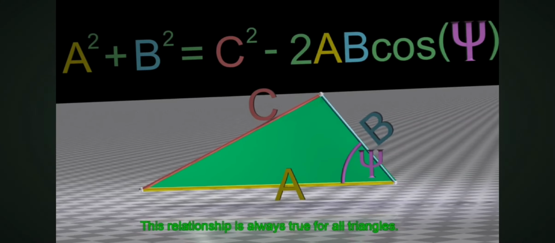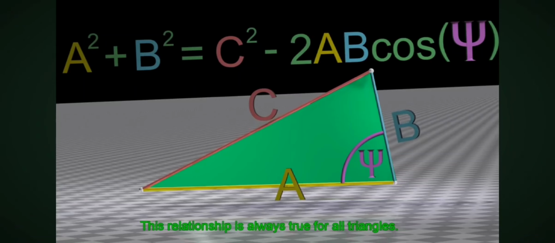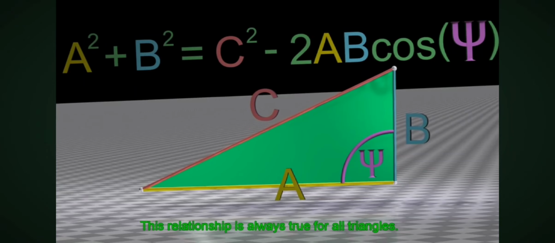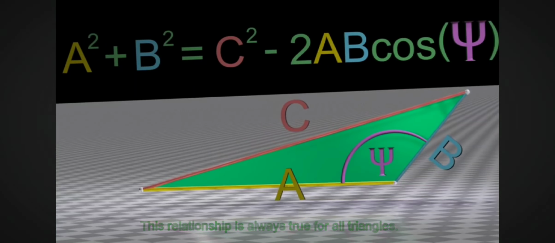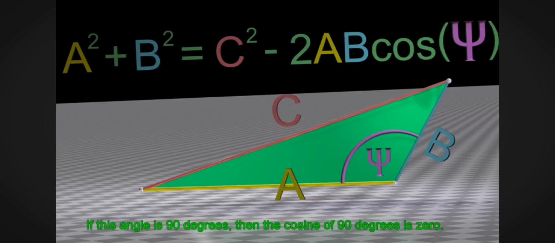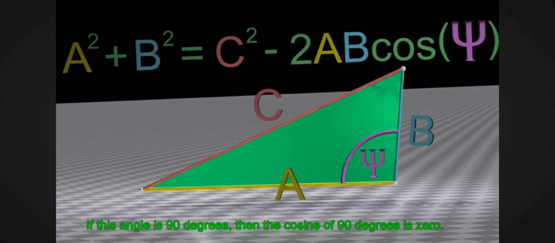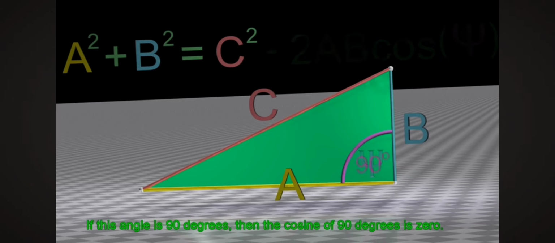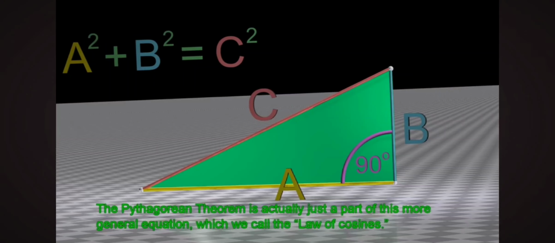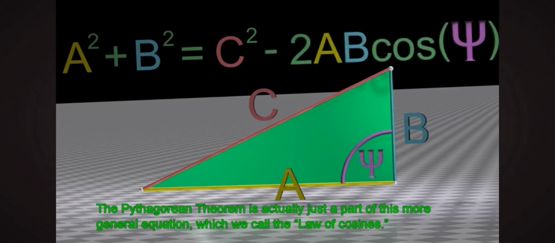This relationship is always true for all triangles. If this angle is 90 degrees, then the cosine of 90 degrees is 0. The Pythagorean theorem is actually just a part of this more general equation, which we call the law of cosines.